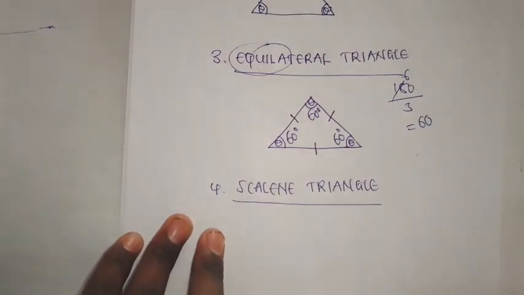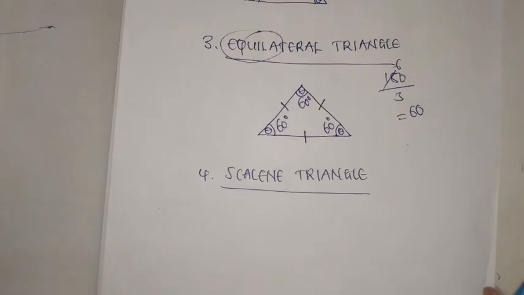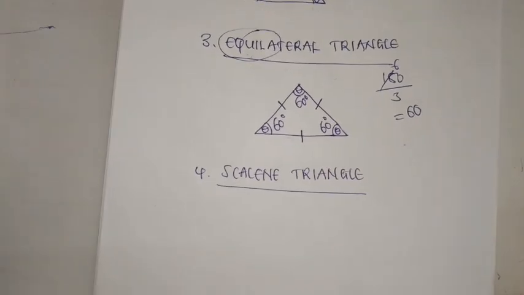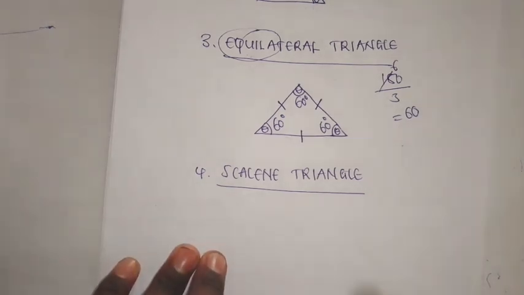How about this one? This is the type of triangle where all the sides are of different lengths and the interior angles are also different. Here nothing is equal or the same.